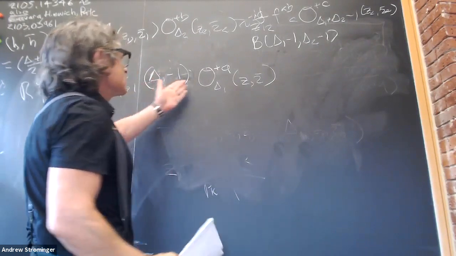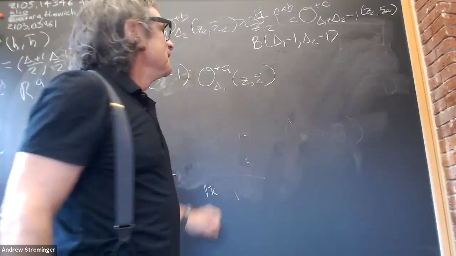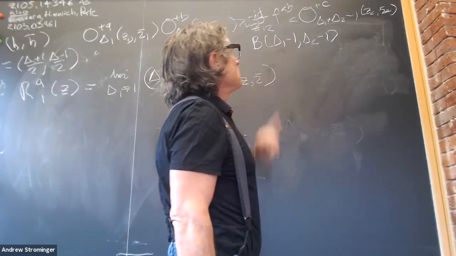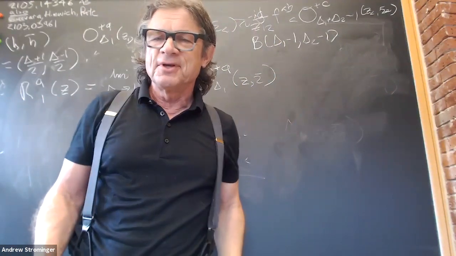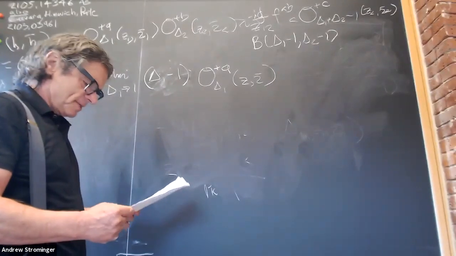This operator looks like it should be 0 and decoupled from the theory, but it doesn't. It has a pole because of this pole in the operator product expansion. So it has non-zero operator products with generic conformal primaries.